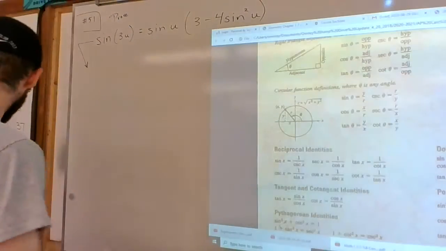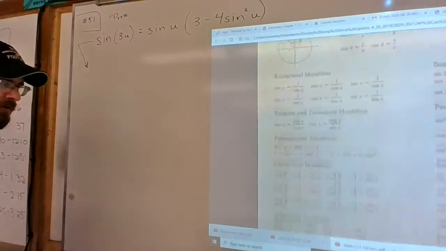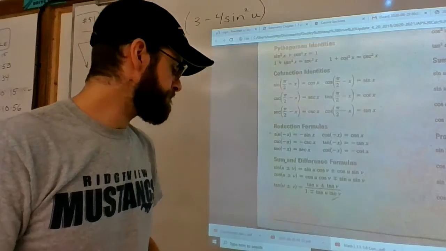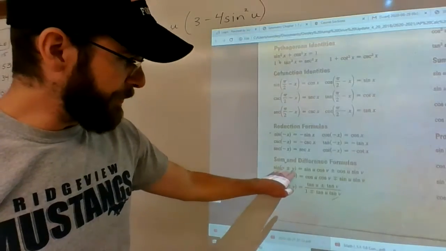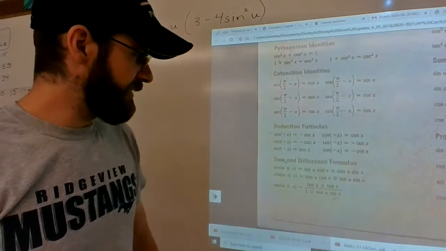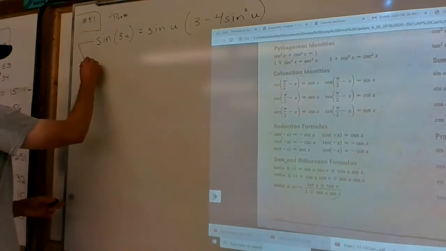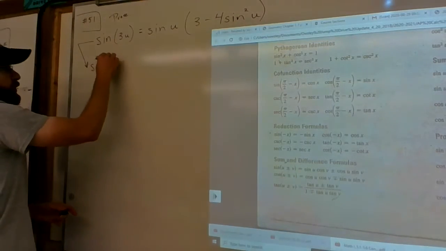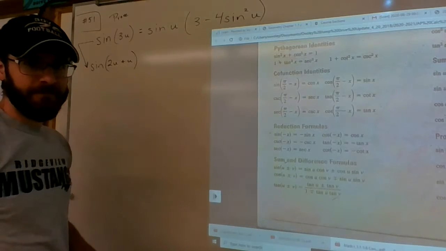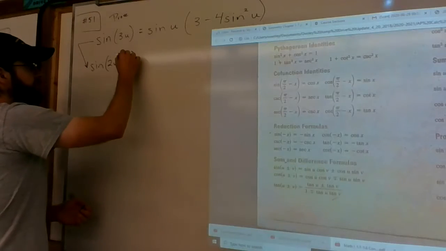If you scroll down to the bottom left corner of this, you have something called the sum and difference formulas. Which means we can separate 3u into two different pieces, like the sine of 2u plus u, right? 3 is 2 plus 1.